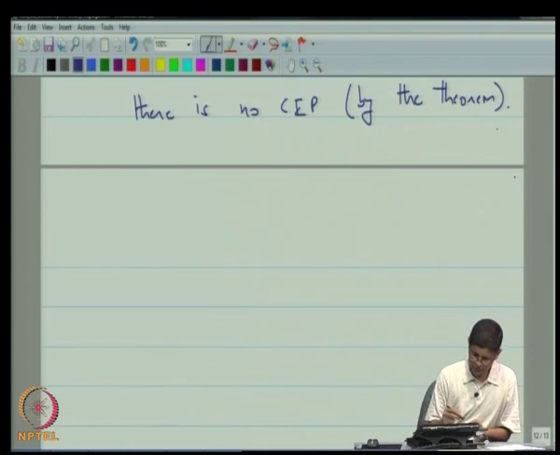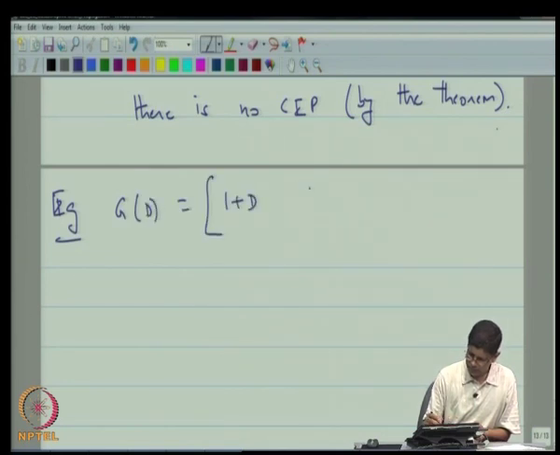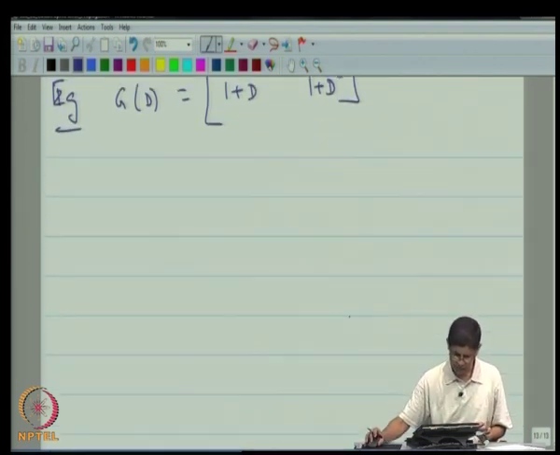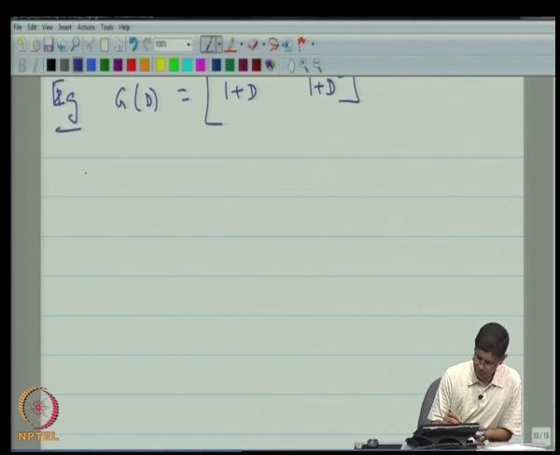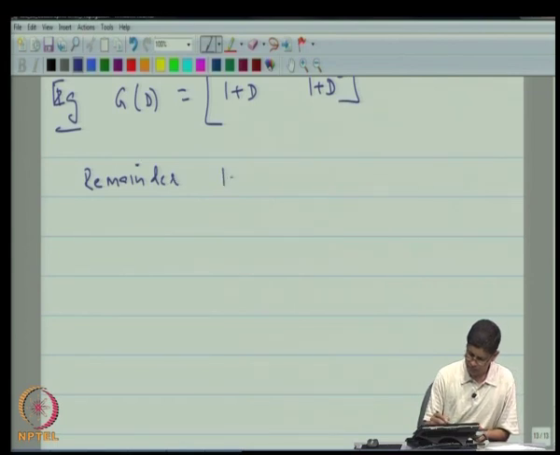Now, let us look at the second example, where g of d was 1 plus d and 1 plus d squared. We will set up the corresponding table. So, here is your remainder, and here is 1 plus d squared, 1 plus d.